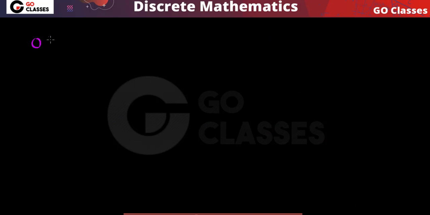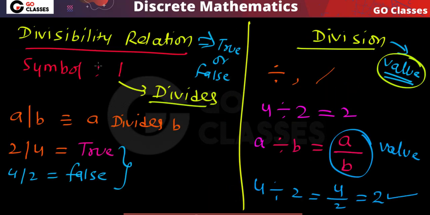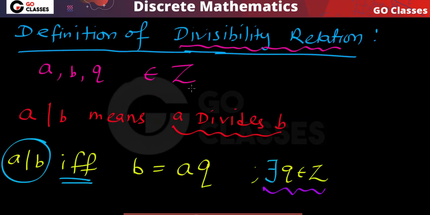Now think about it. Can I say 0 divides 0? Yes, this is true. Why? Because you can write 0 as an integer multiple of 0. Just remember and apply the definition of the divisibility relation.